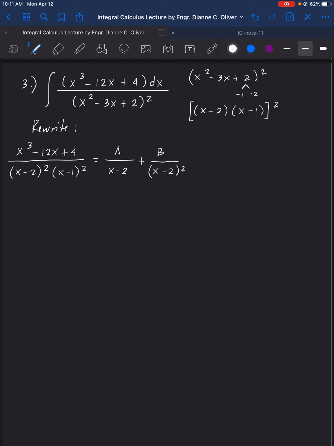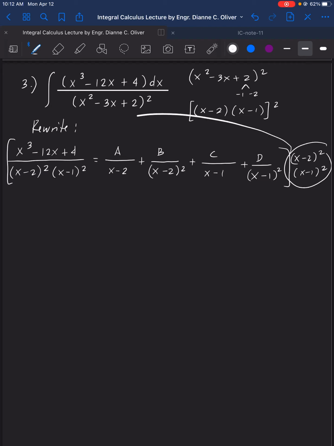Then stop. Then proceed with the next one, c over x minus 1 plus d over (x minus 1) squared. Then stop. Then multiply both sides with the original denominator, which is (x minus 2) squared times (x minus 1) squared.